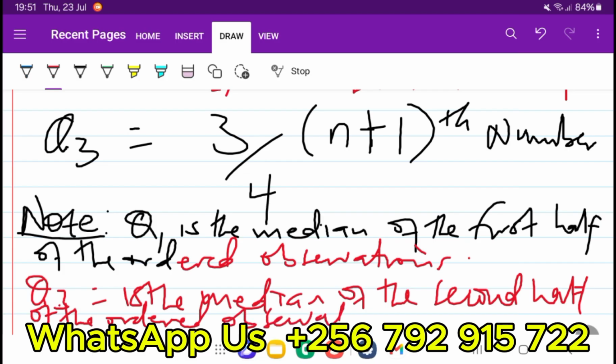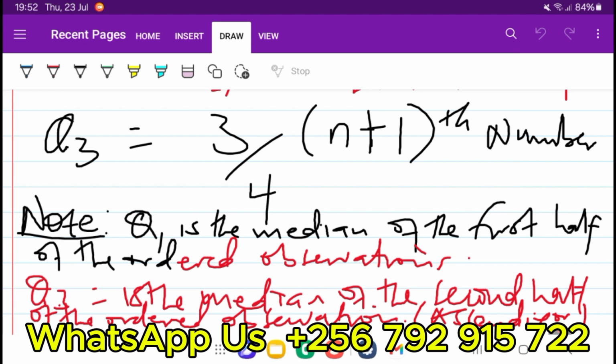These observations have to be ordered in ascending order, that we start from the smallest, then we end with the largest. So let's just have a small illustration.